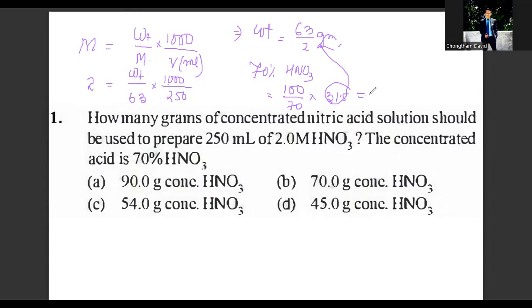So the answer for this calculation would be approximately 45 gram. So it's evident from option D. Option D is the correct answer for question number 1. I hope the calculation is clear.